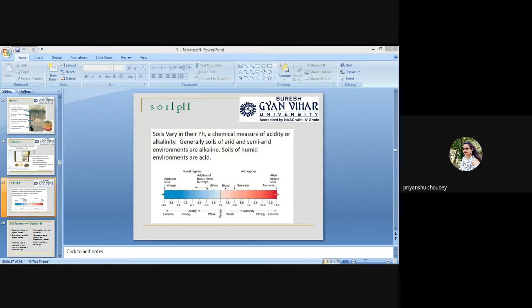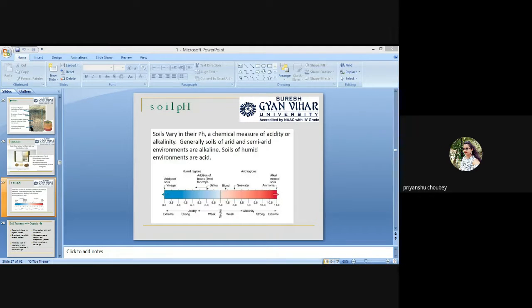This is also likely to reduce the adverse impact of soil pollution, acid rain, or the continuous use of acid-forming nitrogen fertilizer. Second, buffering influences the amount of amendments, such as lime in an acid soil or sulfur or gypsum in an alkali soil, required to bring about a desired change in the soil pH.